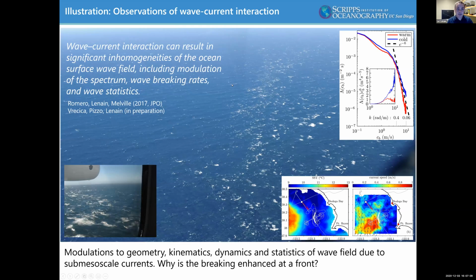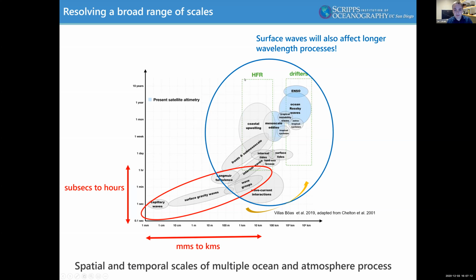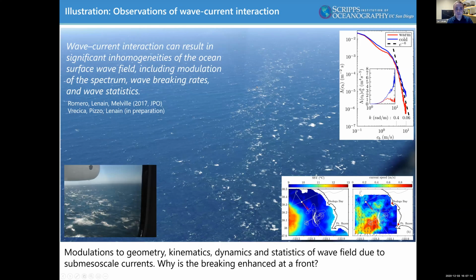And to illustrate this, again, we can start looking at wave current interaction. This is a topic that we've been very interested in in our group for a number of years, and I think is a good example of this multi-scale problem. When waves interact with current at the frontal boundaries, this is an example here, picture taken right at the boundary of a front. It is warm on one side, this is shown over here, and cold on the other side.